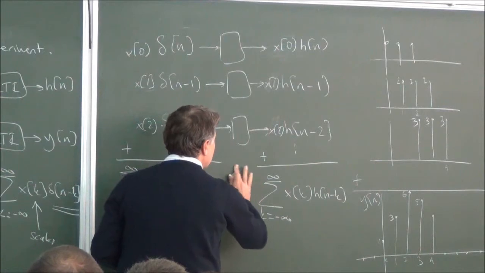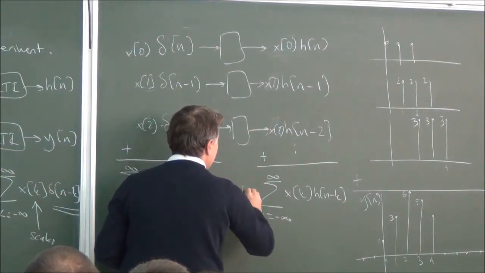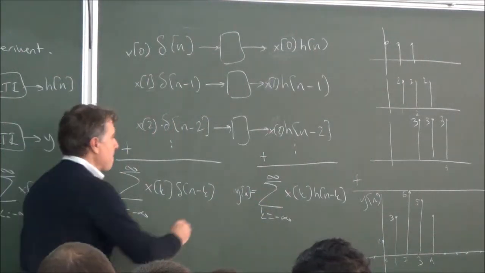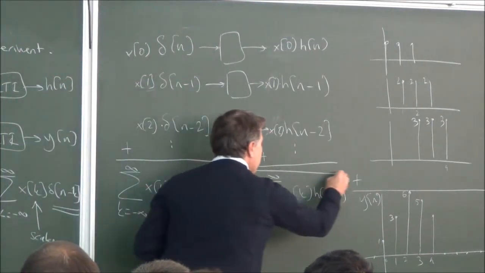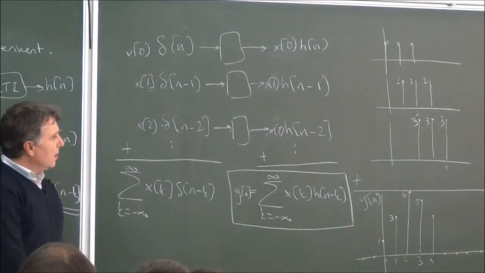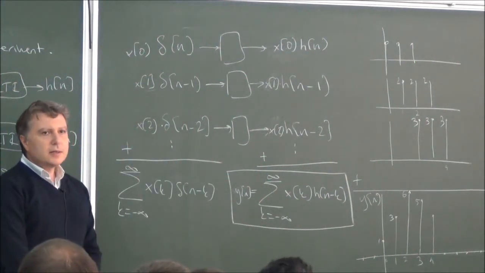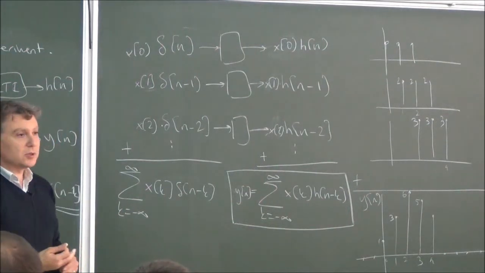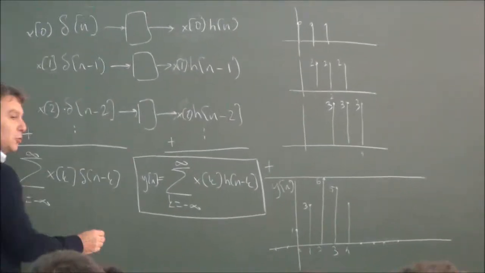And I'll give a name to this. It is y of n. y of n is equal to this. This is an expression that you will commonly encounter, and you will have to use it. And it has a name. Do you know the name already?